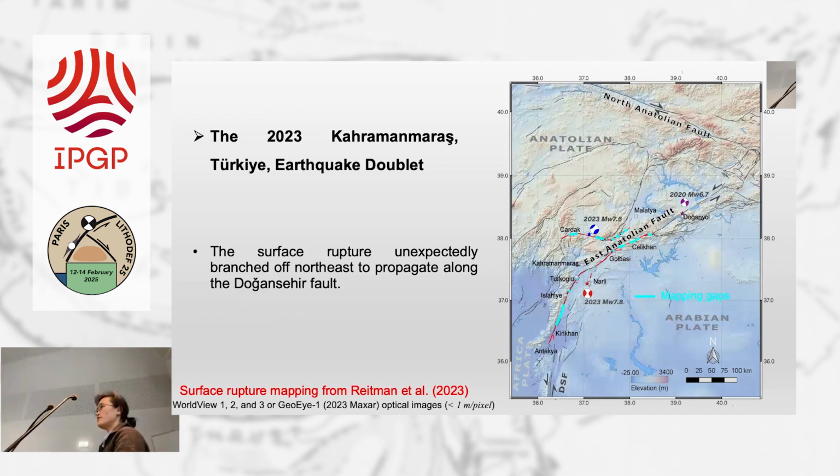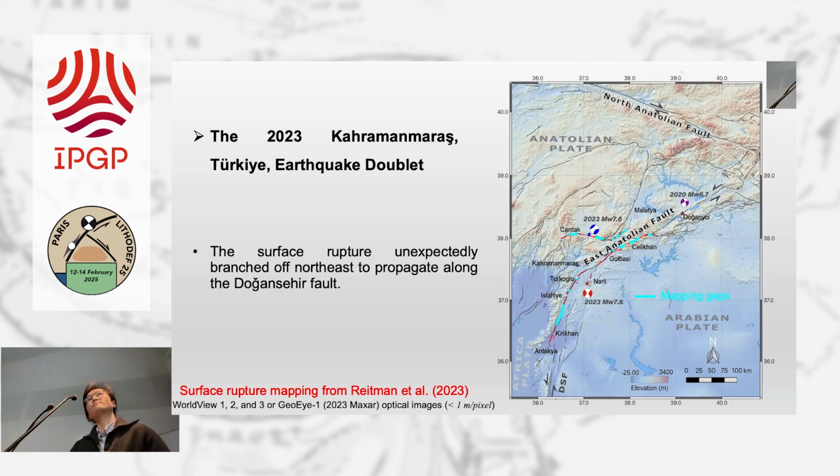So I guess most of you are probably already familiar with the 2023 Turkey earthquake. On February 6, two earthquakes struck the region of Turkey and Syria, causing catastrophic death and widespread damage.